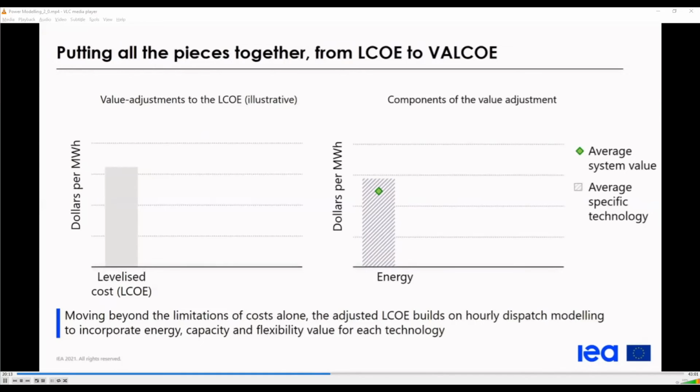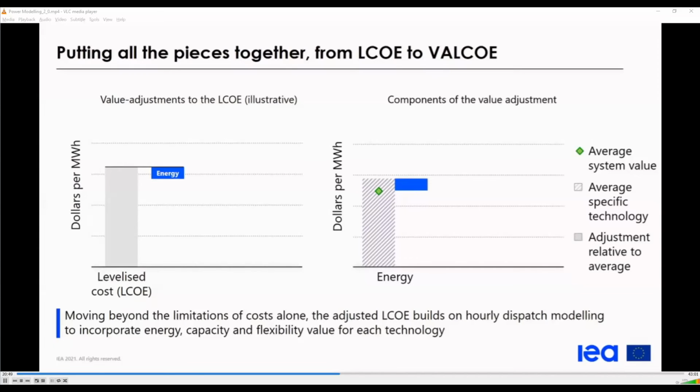So here, for this very illustrative example, we can see that the technology has a higher value than the average of the system. So it means that it is more competitive. More competitive means that we need to adjust the cost and reduce it to reflect that. So this is what we do. We take the difference with the average energy value of the system and make this adjustment on the cost side of the metric.